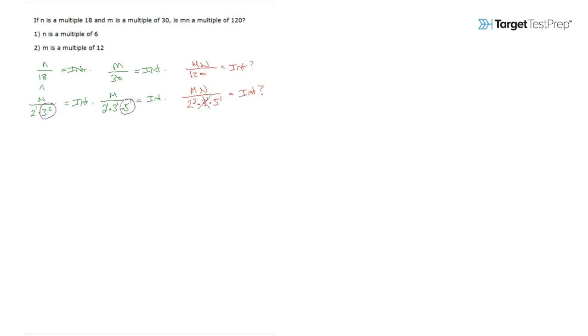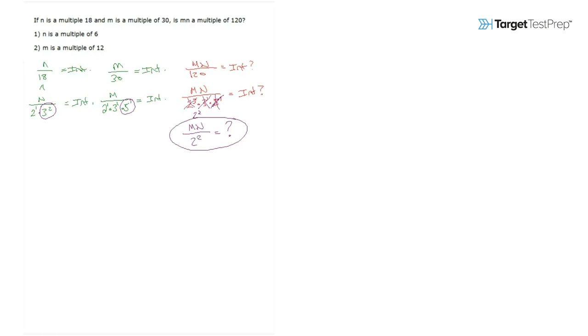We see it's divisible by a 5, and we see that it's divisible by a 2. So what we can do is reduce this down to saying, well, is mn divisible by 2 to the 2, or is mn really divisible by 4?